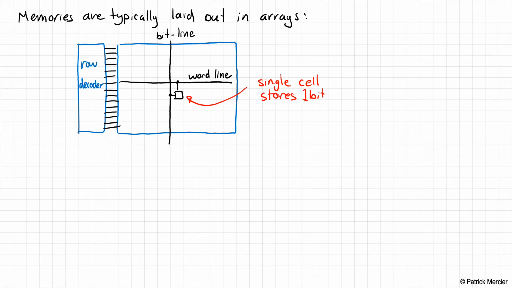We don't want to have to route all of these wires all the way to the microprocessor core. That's just a lot of wires. So what we tend to do is have a decoder where a smaller bit width of information comes in here. I'll fill in this bit information shortly, but it turns out we also have a column decoder as well, which largely does the same thing.